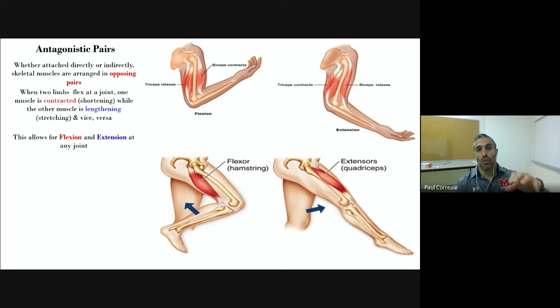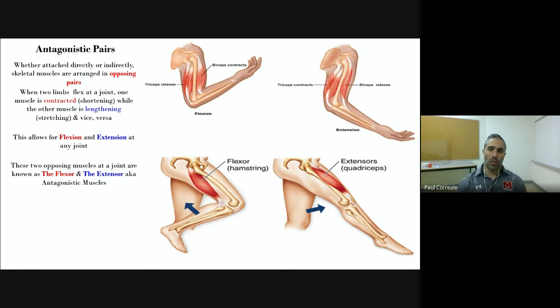In order to stiffen your ankle, you have to have the flexors and the extensors both firing at the same time, so we don't have any dorsal or plantar flexion within the foot, which can alter the force or directionality of the pass itself. Okay, so we call these the flexor and the extensor, these antagonistic muscles at a joint, where we have to have this kind of delicate balance between contraction and lengthening, okay, shortening or stretching out.